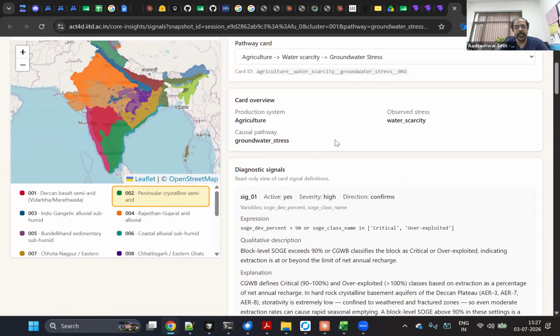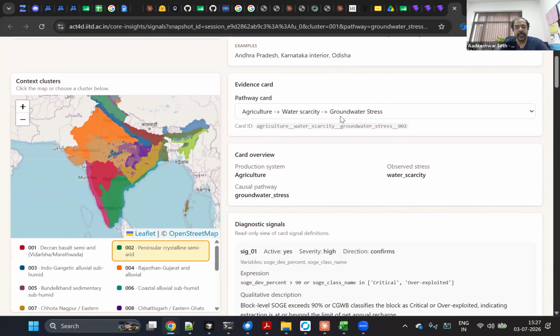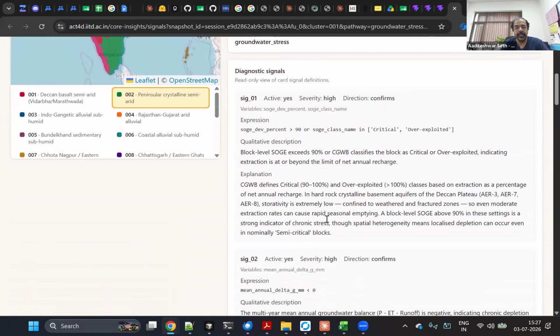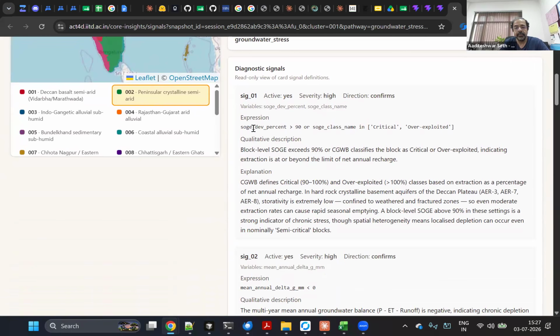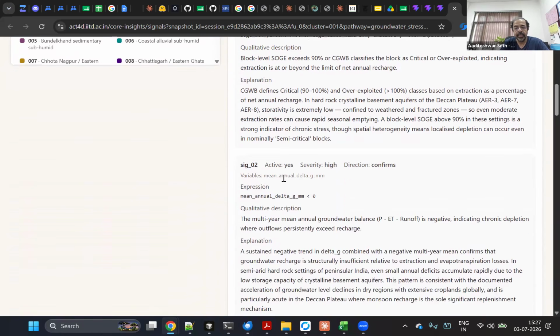In this particular area, which is one of 17, for one of 8 pathways, these are the expressions: if state of groundwater is more than 90, or the state of groundwater is critical or overexploited, and if the trend in the annual average change in groundwater is negative.